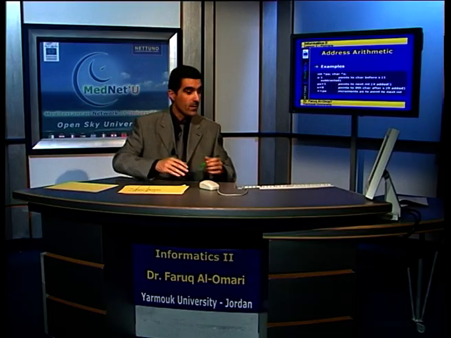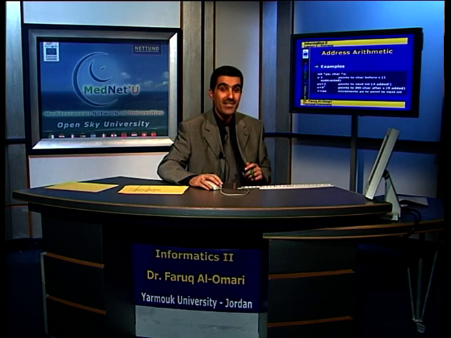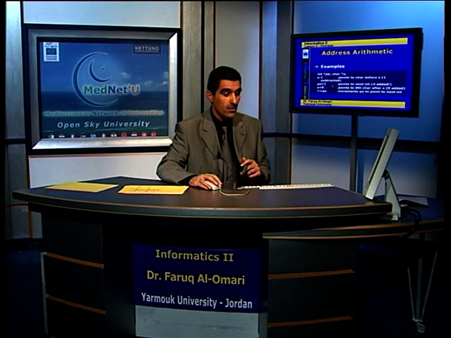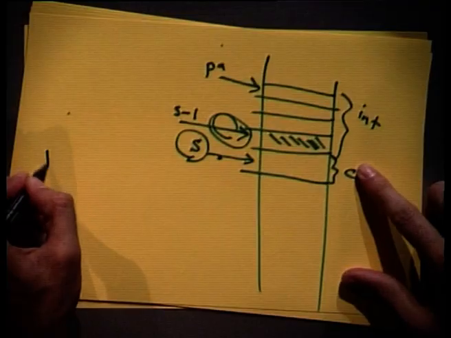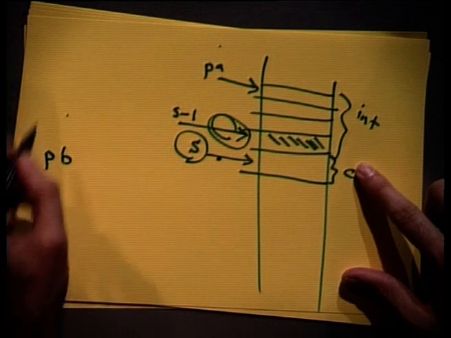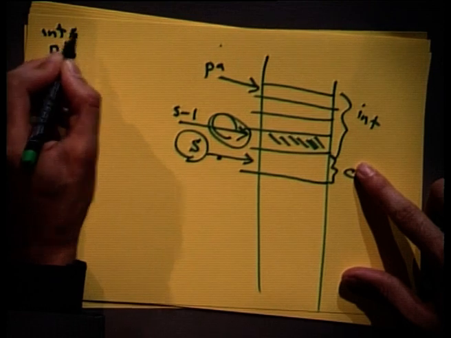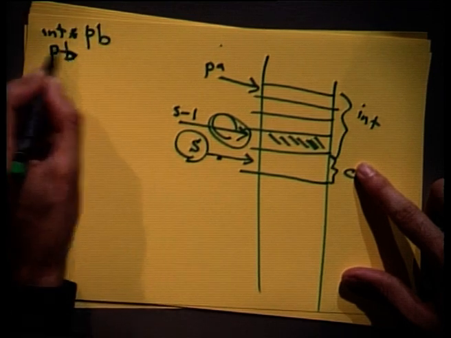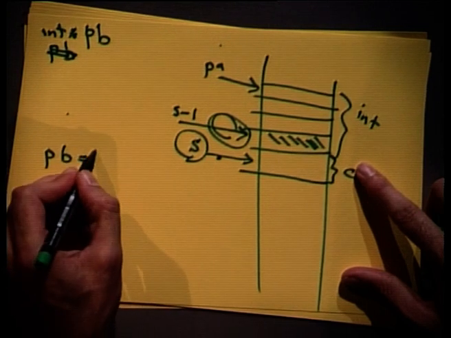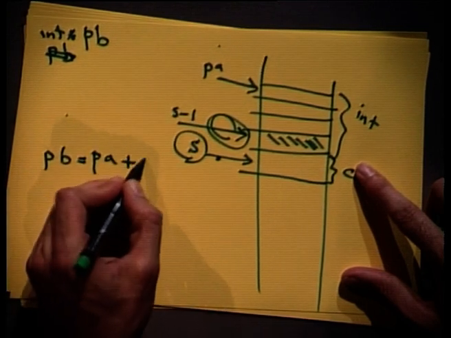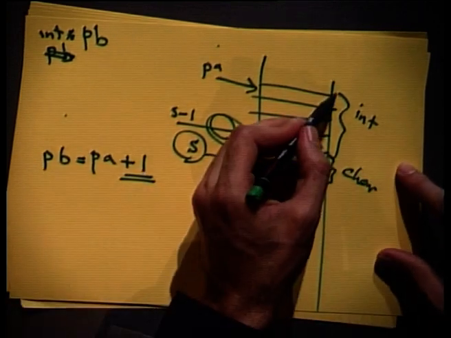Okay, however, when I say something like PA plus 1, actually I'm adding 4 now to the pointer. I'm defining a new pointer, let's say PB, which is another pointer of type integer, something like this. Okay, so if I say something like PB equals to PA plus 1, this doesn't mean just 1 byte, but rather it means whatever size of object.